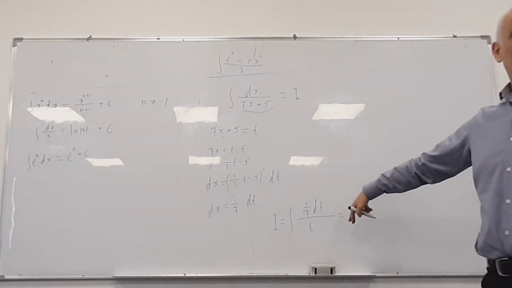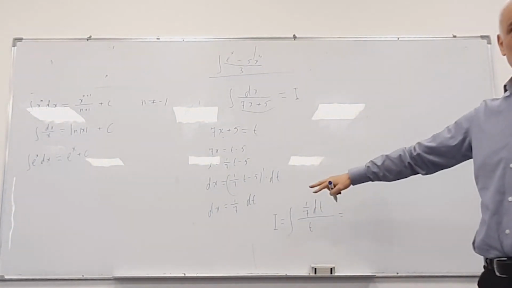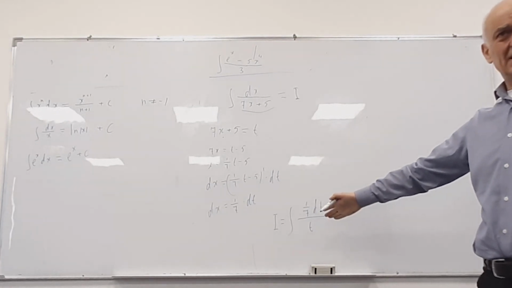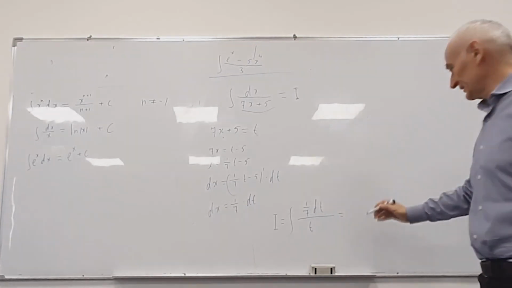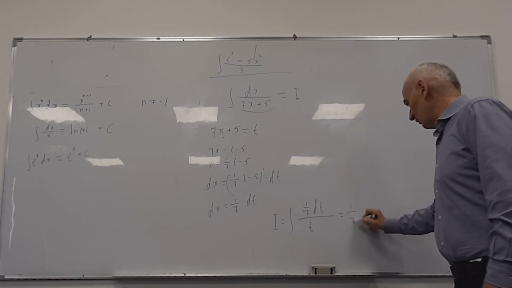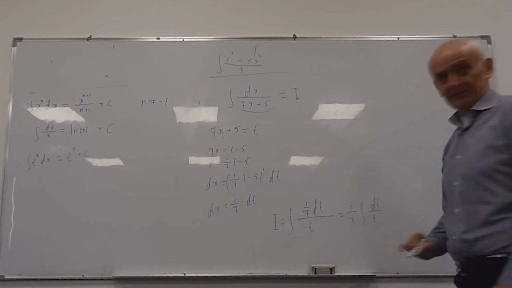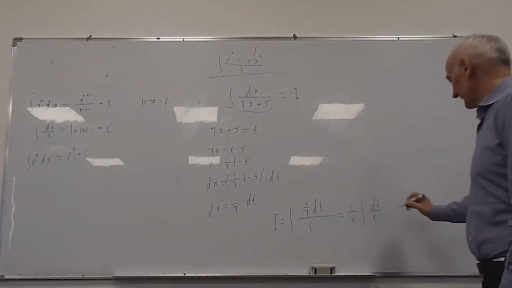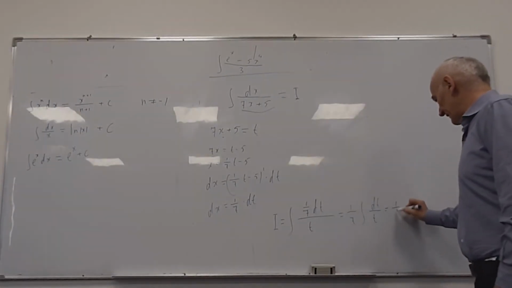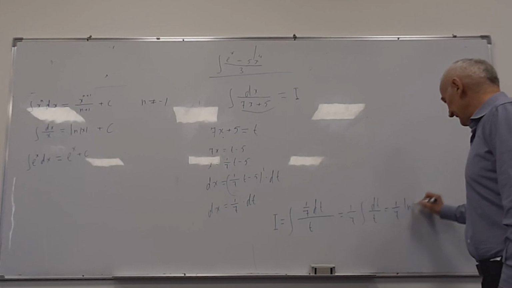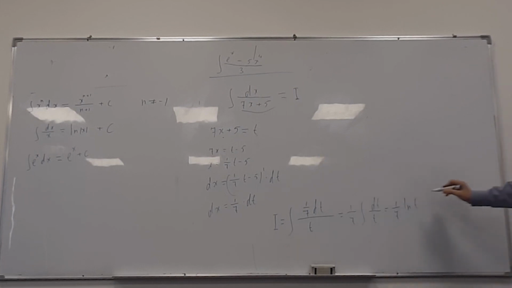And now I will move out the constant. And what is the constant here? 1 over 7 is the constant here. 1 over 7, dt over t. It's going to be 1 over 7 ln t plus c.